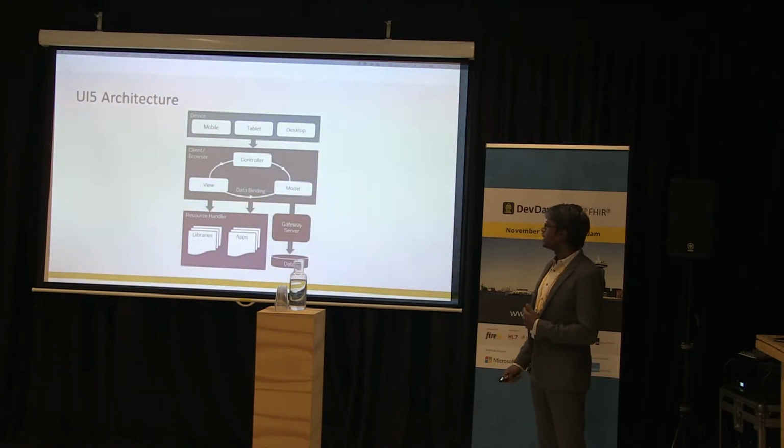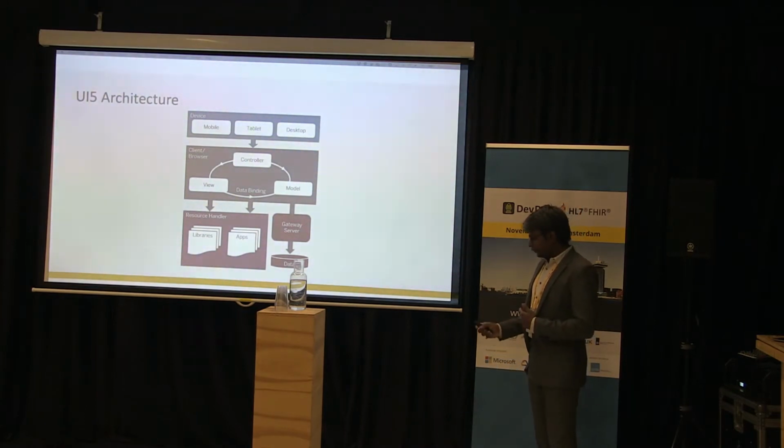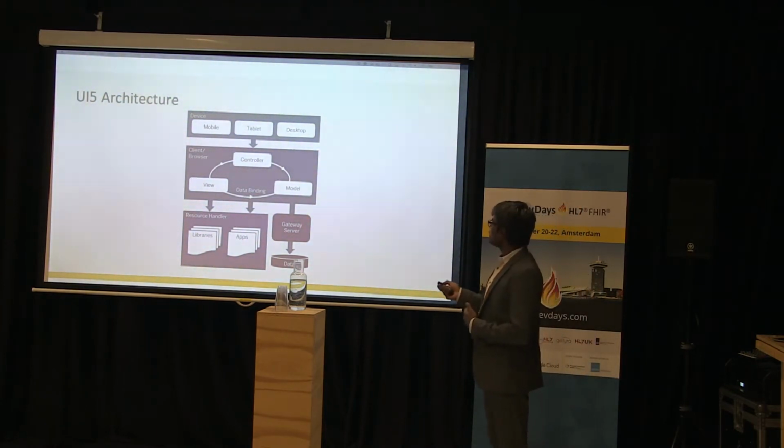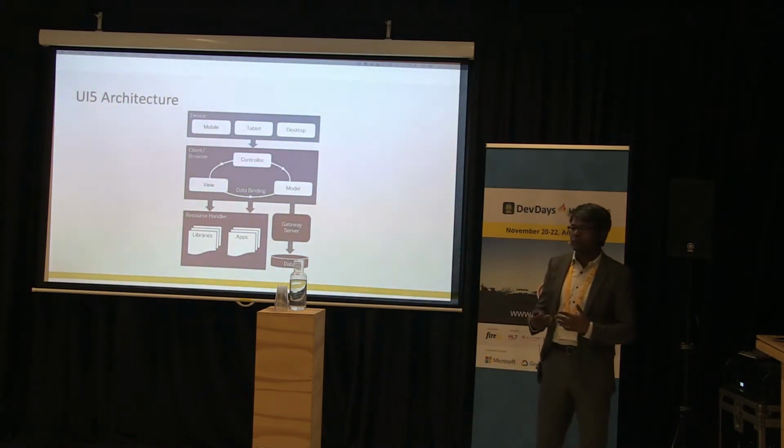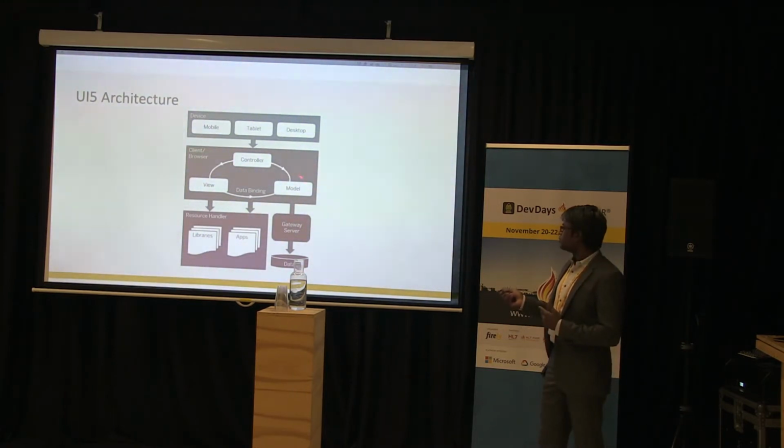So let's get into the architecture a bit. There are different layers that we talk about. The layer you see on the top is your device, where you access these applications from. And then the client, the browser where the application would be running. And then especially we have pieces like model, view, and controller. I will talk about this in detail.